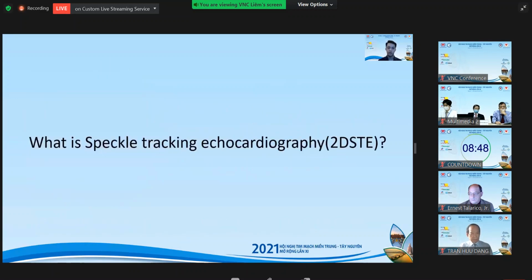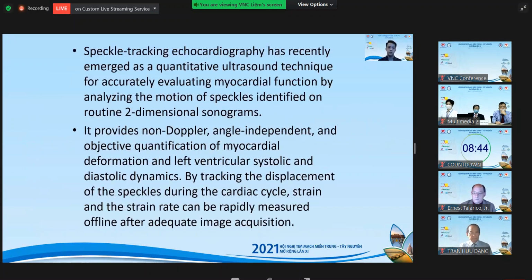What is speckle-tracking echocardiography, or 2DS-TE? Speckle-tracking echocardiography has recently emerged as a quantitative ultrasound technique for accurately evaluating myocardial function by analyzing the motion of speckles identified on routine 2D sonograms.